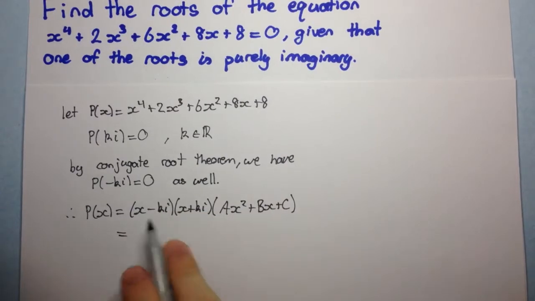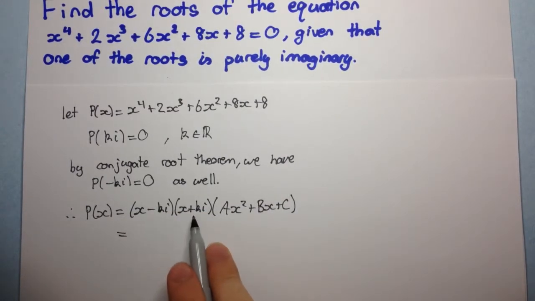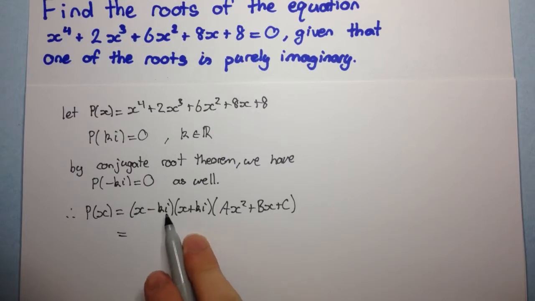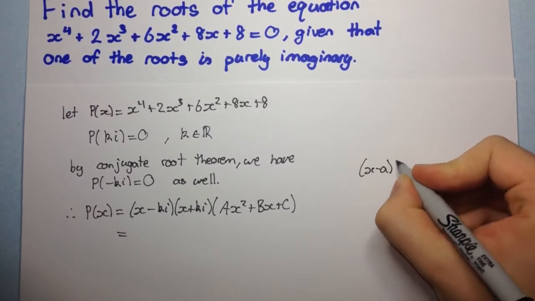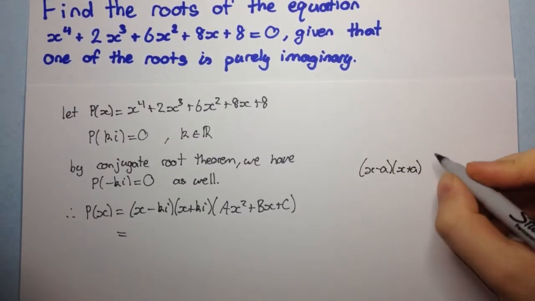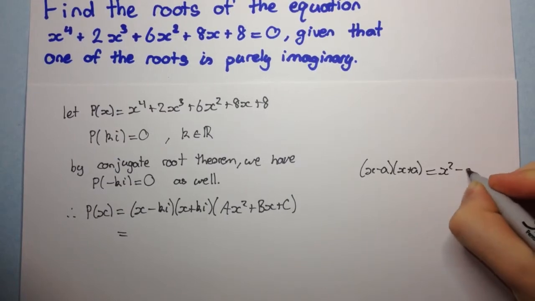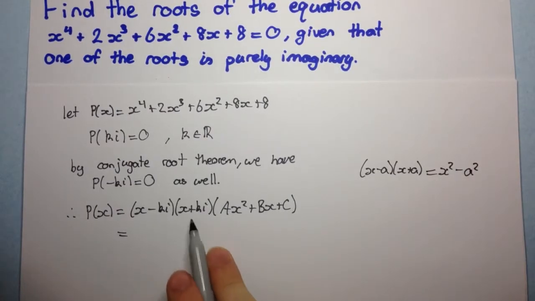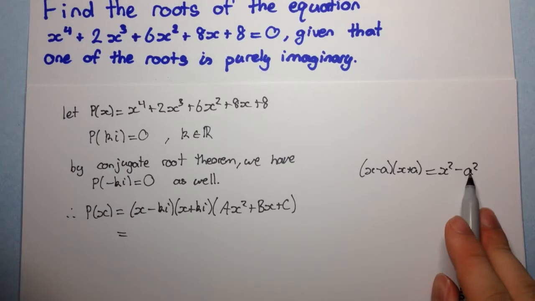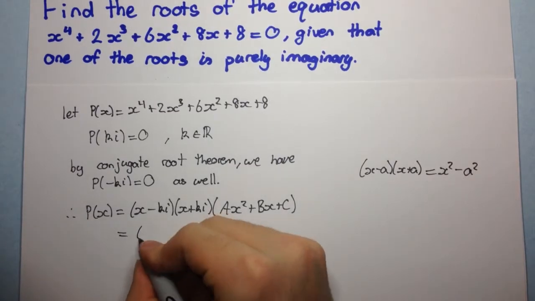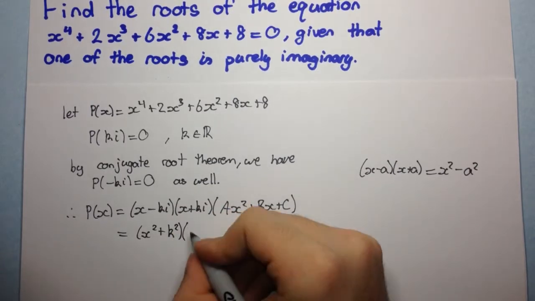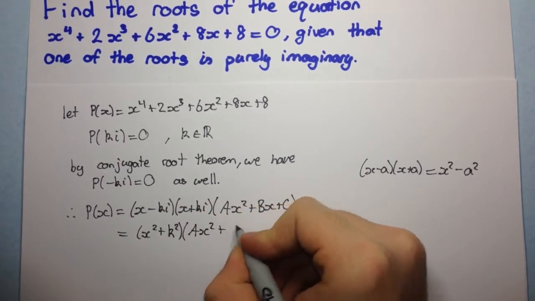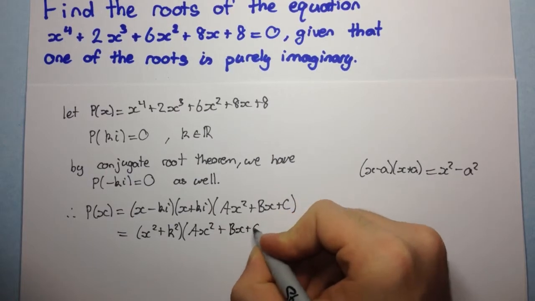Now this simplifies nicely because this will become a sum of two squares because we're using complex numbers. So normally x minus a into x plus a, that's just simply x squared minus a squared. But here, because there's the i, we'll have an i squared k squared, and so that'll be plus here. So we get x squared plus k squared into ax squared plus bx plus c.